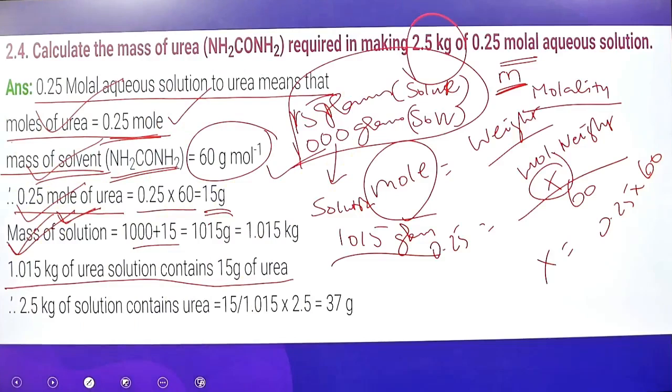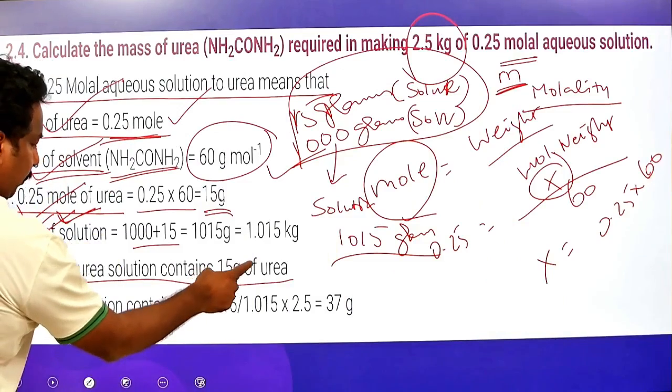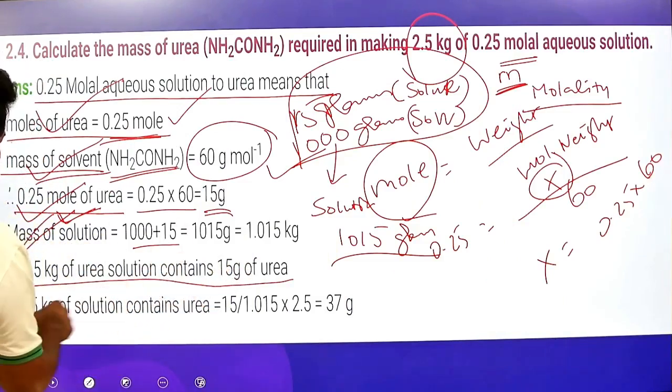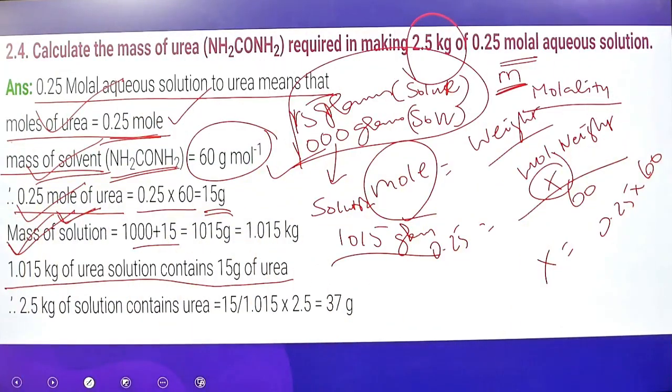Cross multiply. 2 kg of biryani needs half a kg of chicken; how much chicken does 4 kg of biryani need? 1 kg of chicken. How did you say that? You cross multiplied. What did you do? 2.5 kg into 15 divided by 1015, what will you get?